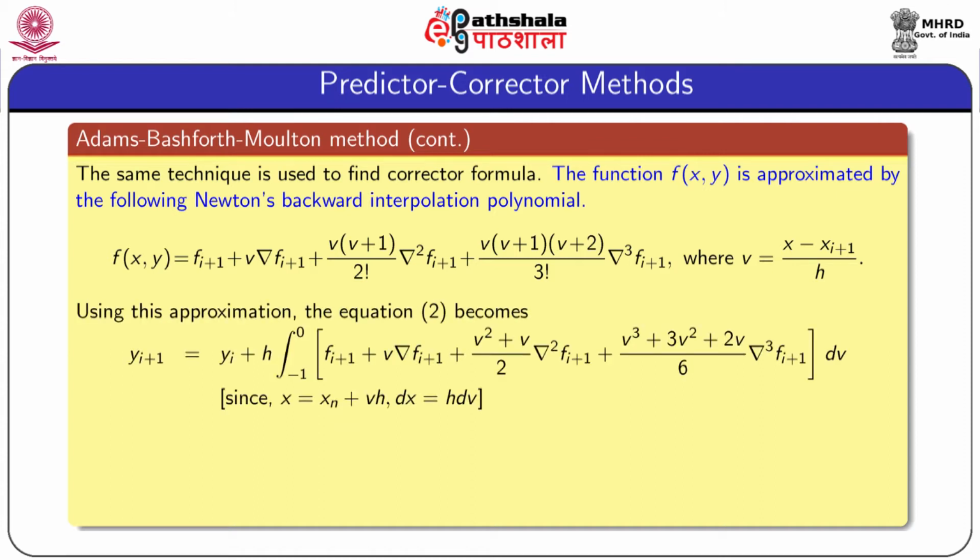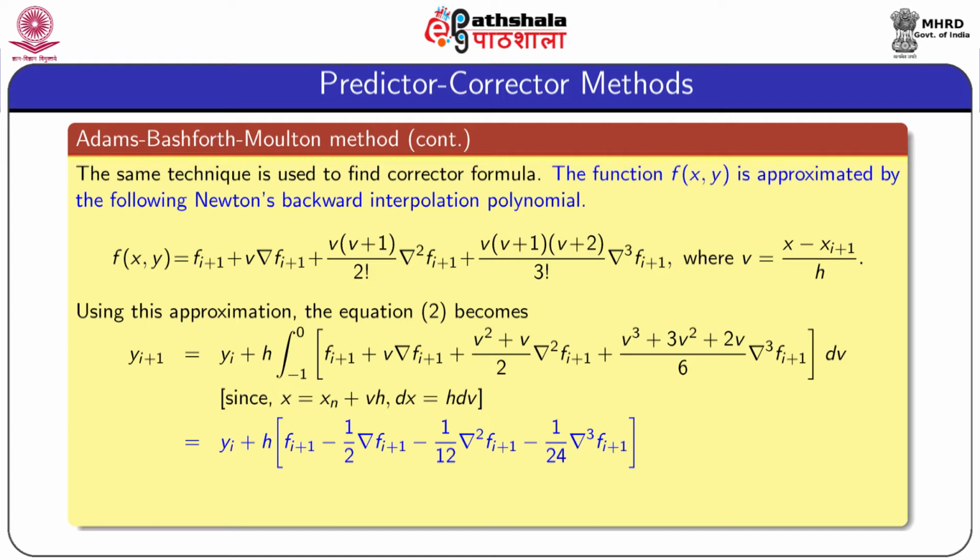Using this expression, the given differential equation becomes y_{i+1} equals y_i plus h times the integral from minus 1 to 0 of the terms within the square bracket, obtained by Newton's backward interpolation polynomial, dv. After integration, the expression becomes y_i plus h times f_{i+1} minus half nabla f_{i+1} minus 1 by 12 nabla^2 f_{i+1} minus 1 by 24 nabla^3 f_{i+1}.